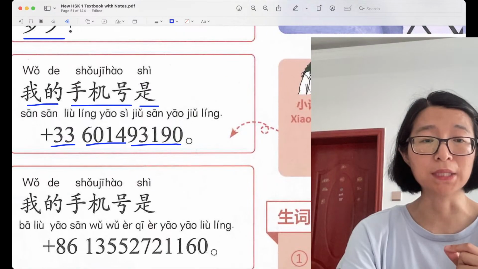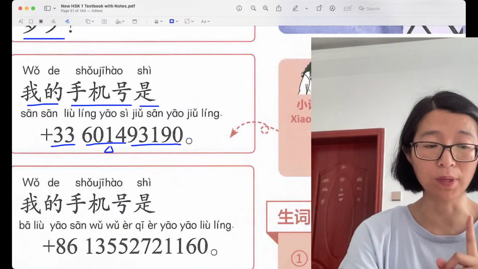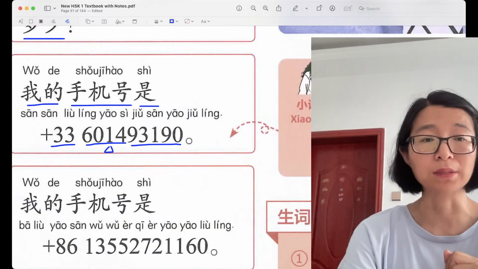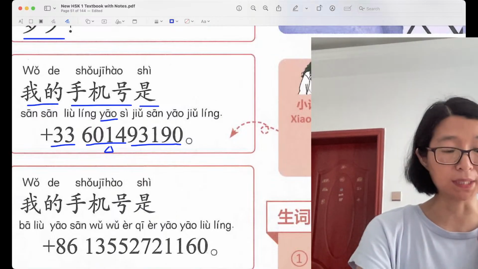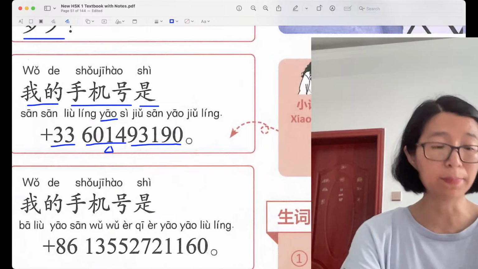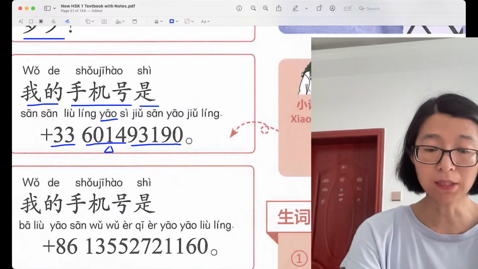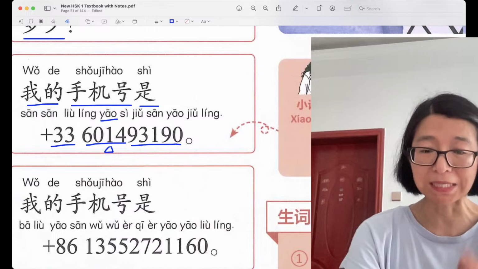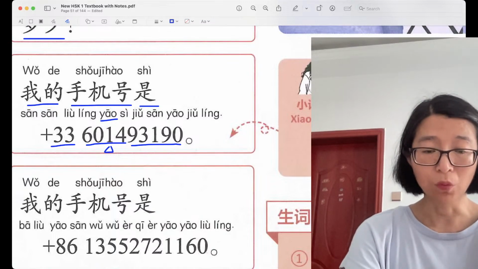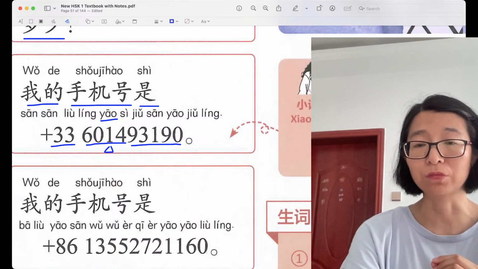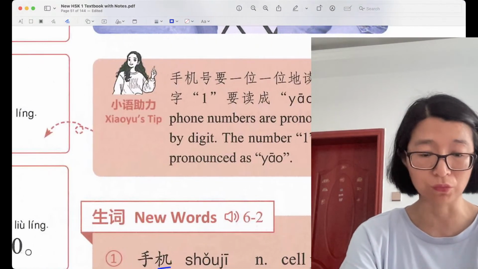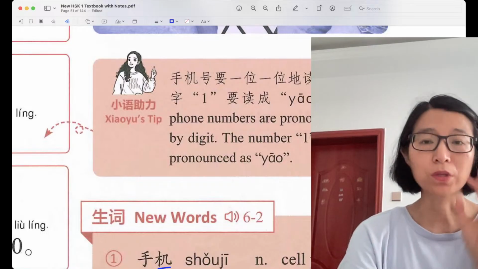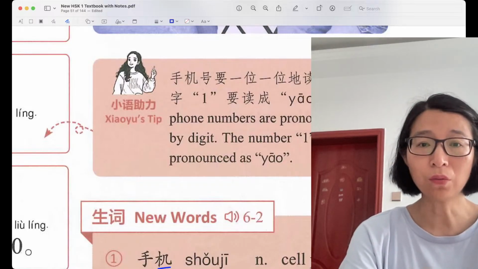The first one is number one. Number one is kind of special when we say it in spoken Chinese because we're going to change the pronunciation. So when we count, we say 1, 2, 3, right? But when we read the phone number or some other numbers like a street number, even your room number, we'll change 1 to 幺.